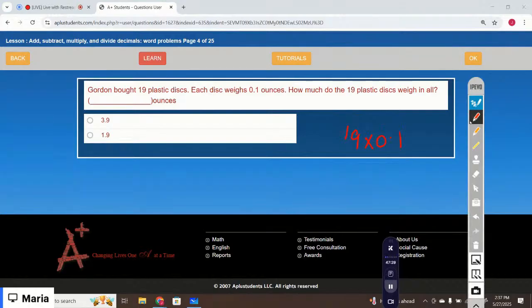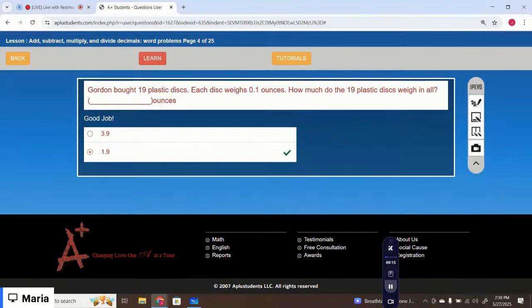So the correct option is that is 1.9. Option number two is the correct option.